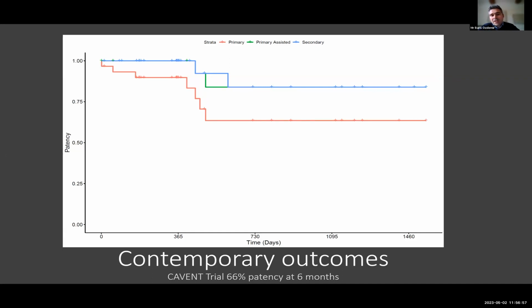And look how good these results are with 85–90% patency rates years down the line, compared to 66% patency at 6 months, for example, the Cavent trial. We think that's part of the reason why the results on those trials aren't as good, because they weren't using intravascular ultrasound, they weren't doing venoplasties as often, and they weren't stenting veins, which we think is crucial for good outcomes.